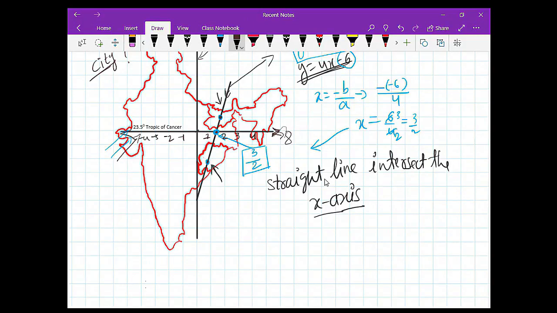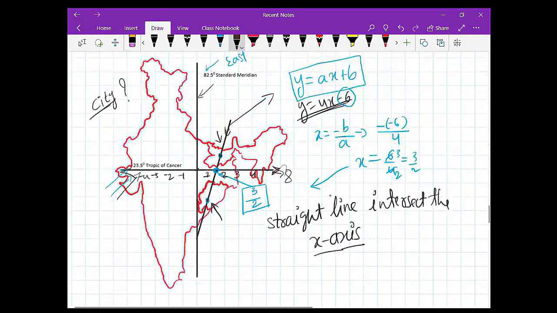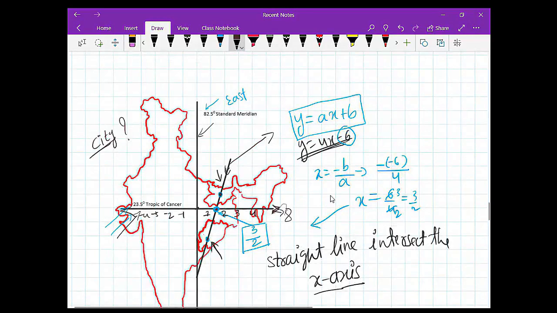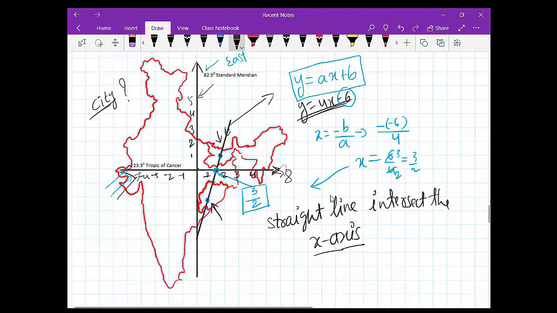This is the negative x-axis. And here the positive y-axis is 1, 2, 3, 4, 5, and so on, and the negative y-axis is minus 1, minus 2, minus 3, minus 4, minus 5. This is the negative y-axis.